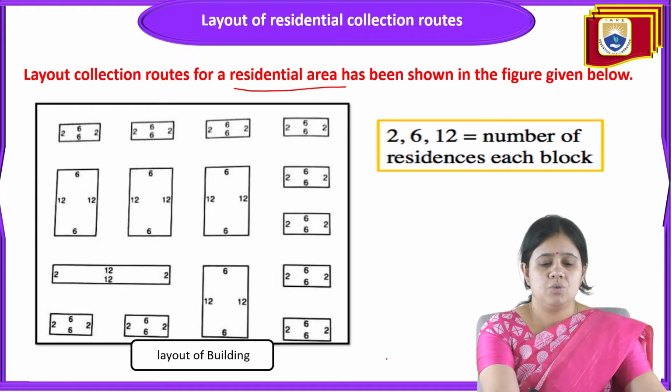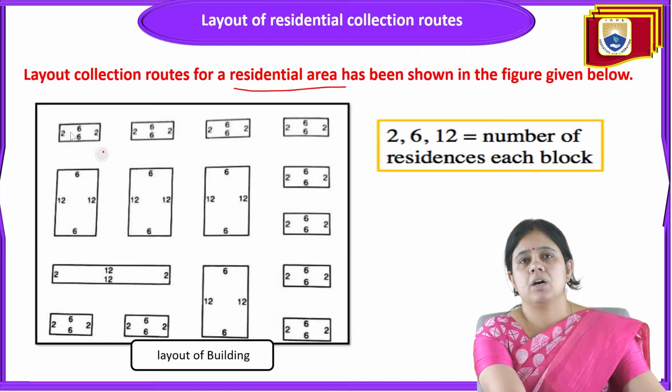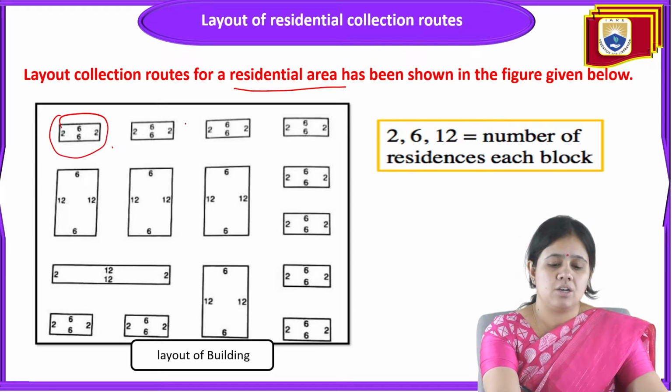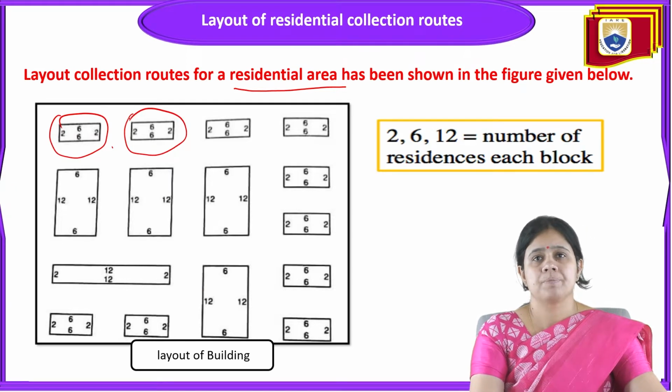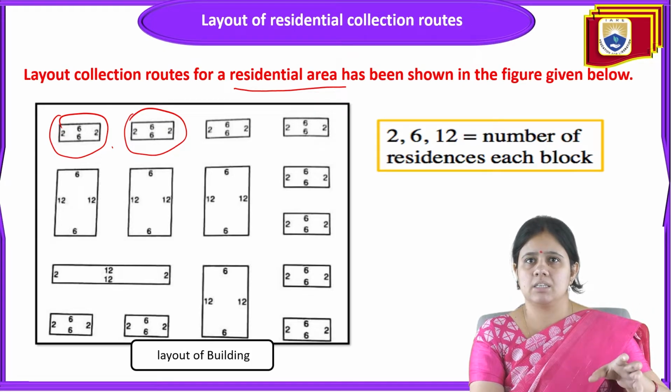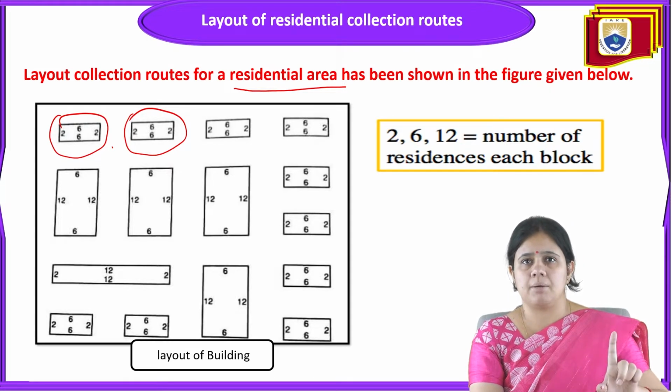If you look at these blocks, the 2 and 6 blocks are 10 in number. In an apartment, there are 2 blocks, and then 6 and 6 blocks, so 6 6 12 plus 4, 16 blocks in a single apartment.